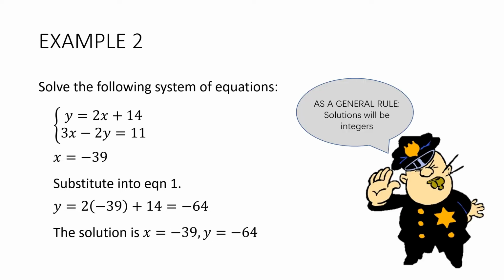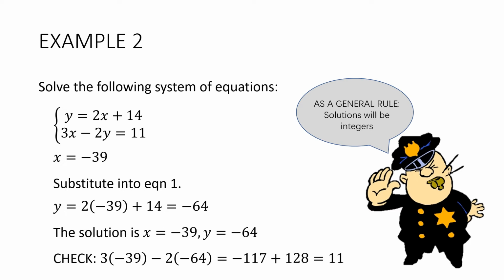Now, as a general rule, solutions to systems of equations, particularly in exams, will be integers, but those numbers seem rather large. So what we can do is check it. I can substitute this solution into this other equation and see if it satisfies it. So 3 lots of negative 39 take away 2 lots of negative 64 is negative 117 plus 128, which is 11. So yes, this is the correct solution.